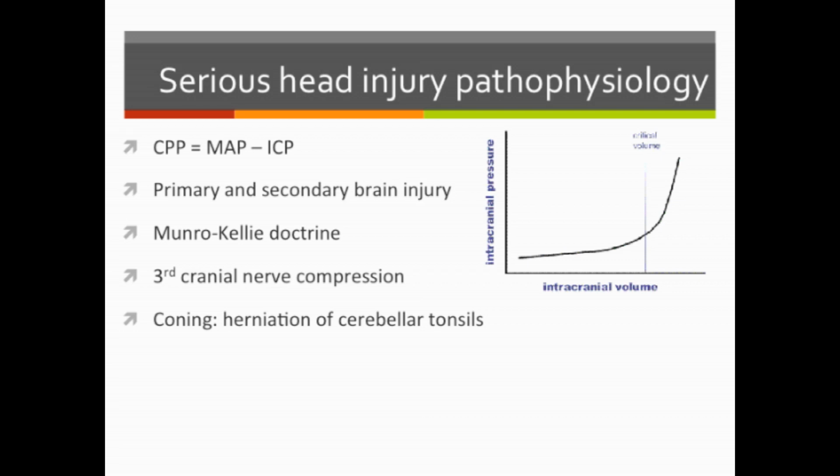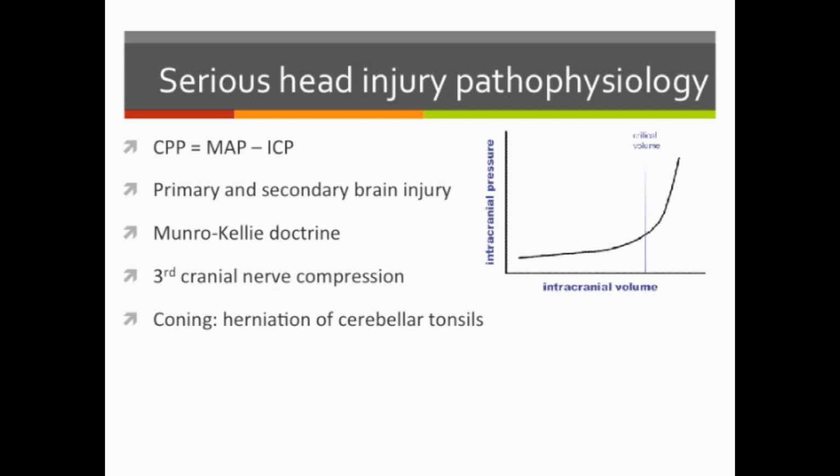But around the area of primary traumatic injury, there will be an area of brain which will be imminently irreversibly damaged, but we have a period of time by which, with appropriate management, we can try and limit that injury. And that area surrounding the primary injury is potentially reversible.